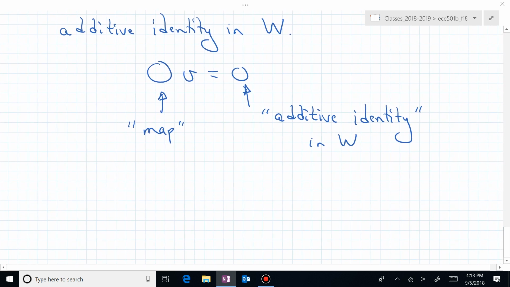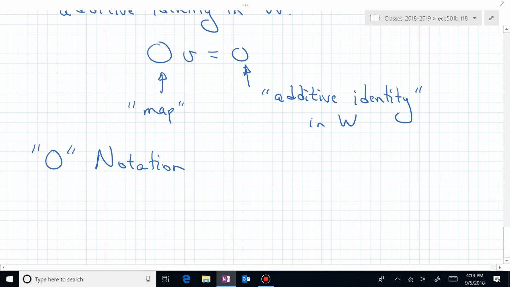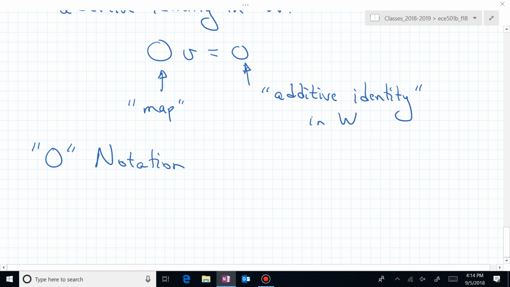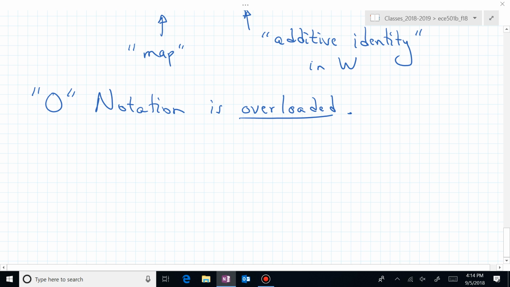And you've probably heard this many times, especially if you play with MATLAB, that certain properties are overloaded. I'm overloading 0 or O, however you want to refer to it. This 0 notation is overloaded. And by overloaded, I mean that I'm using the same symbol.